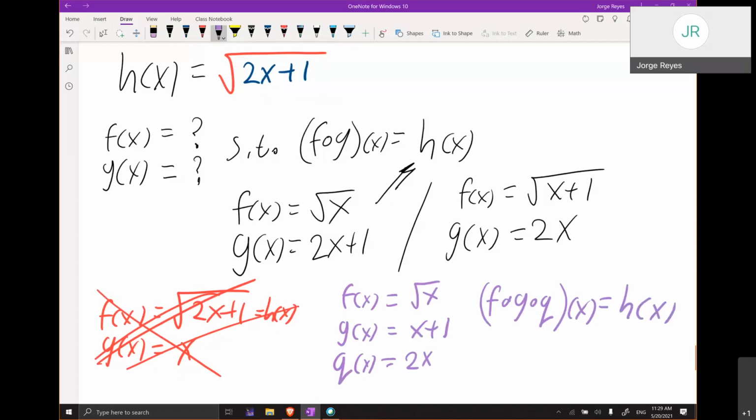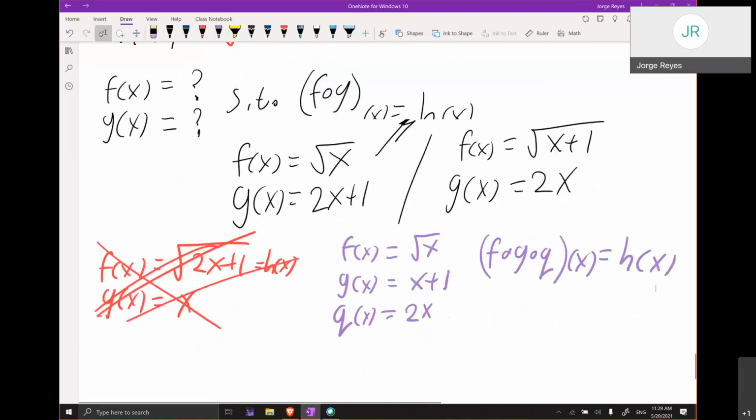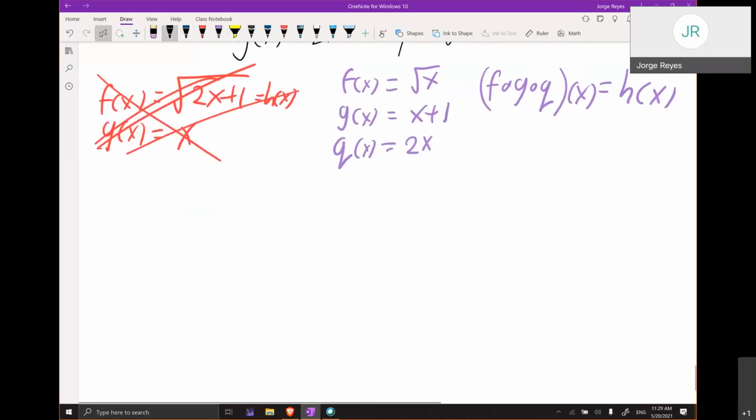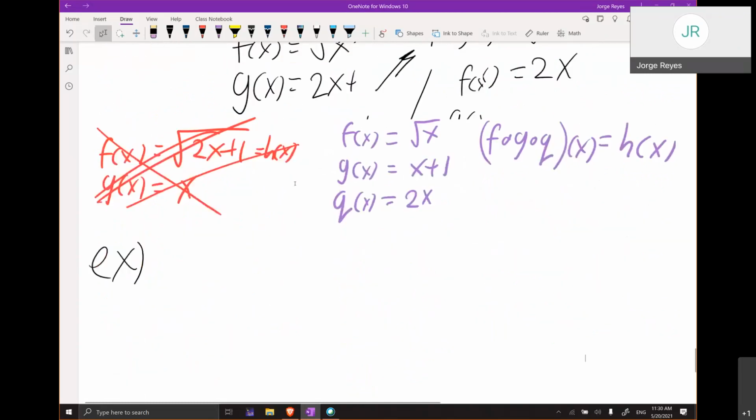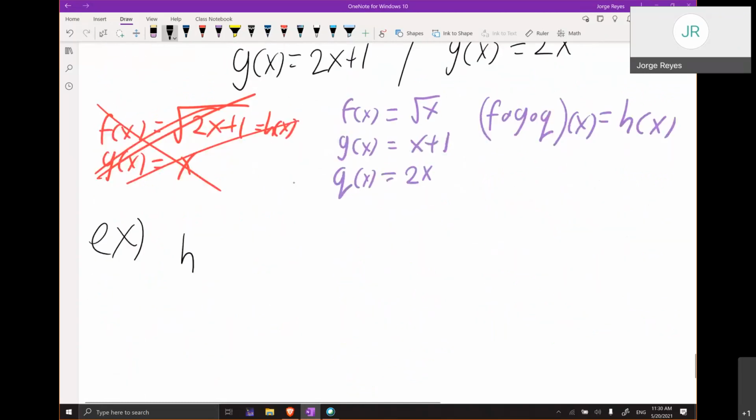So if I stick all three of them inside of each other, I get back to h. So yeah, this is decomposing functions. It's honestly not that important for us. If you're going to go to calc though, being able to stare at a function and break it into pieces is a valuable skill.